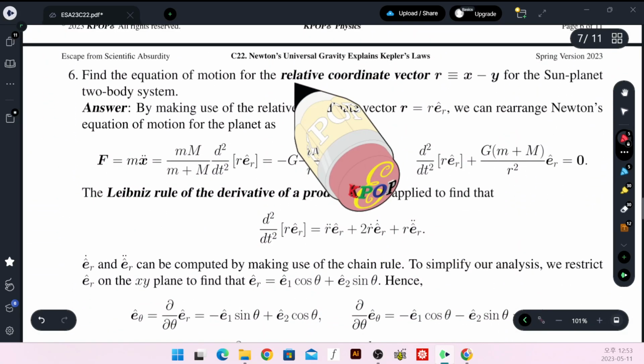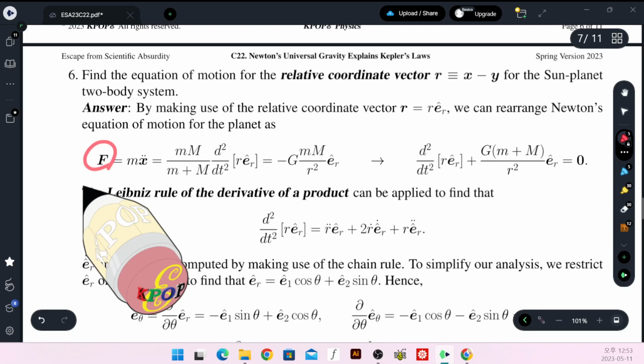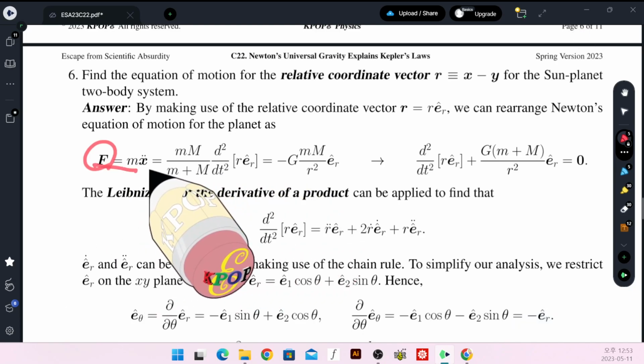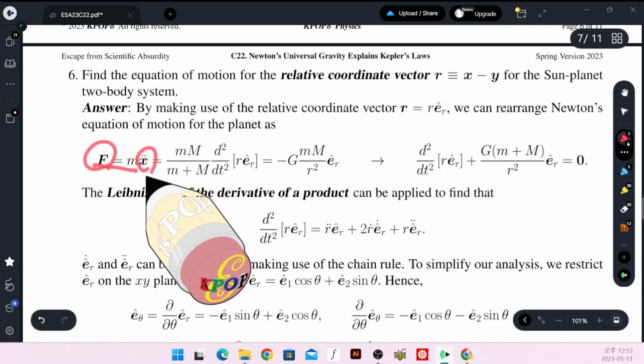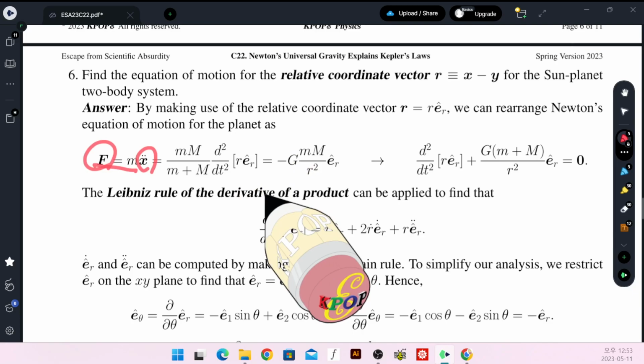Now we'd like to study Kepler's first law, that is the law of elliptic orbits. We remember F equals ma. This is acceleration, and we know it can be expressed in terms of a two-dimensional vector.